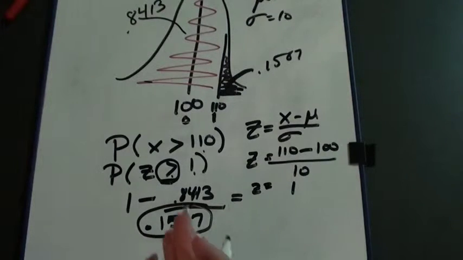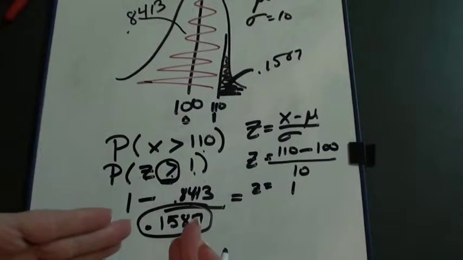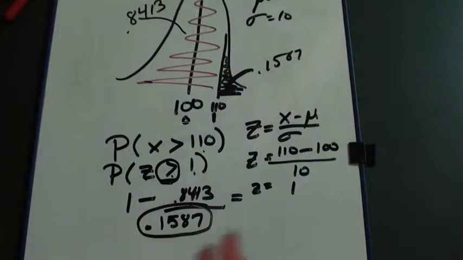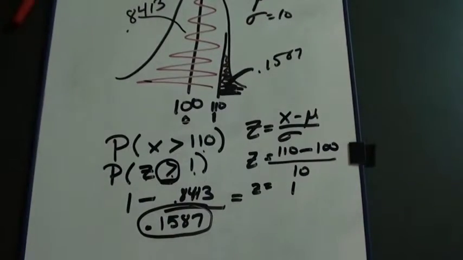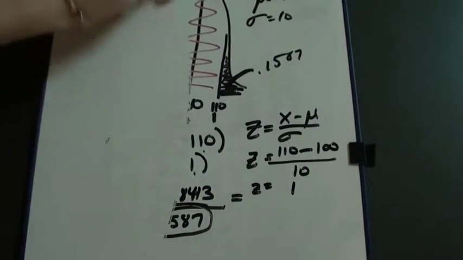So for less than, you just convert the number and look up the value in the table. For greater than, you convert, look up the value in the table, and then you say 1 minus the value in the table. Now the last kind I want to show you real quick is if it asks you to find the probability of being between two numbers.